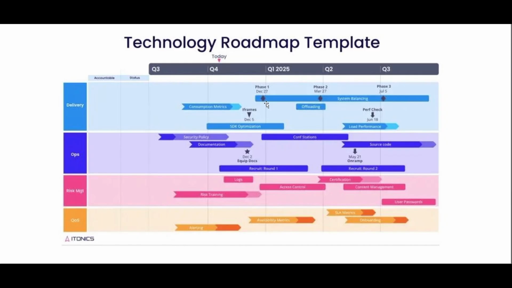Something is a major milestone or something is decided here. And star is something which is very important, like it could be security or compliance or audit or reporting, which is a big thing that needs to be considered here. So that is pretty much it, guys, about the roadmaps.